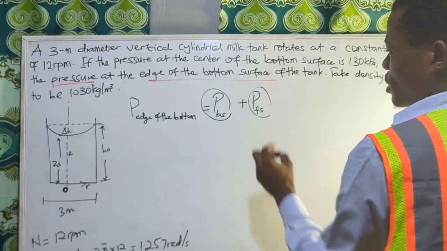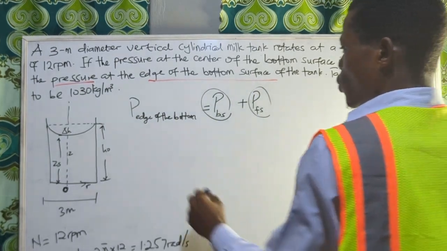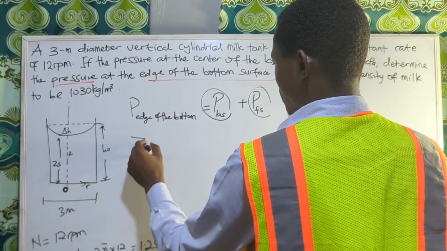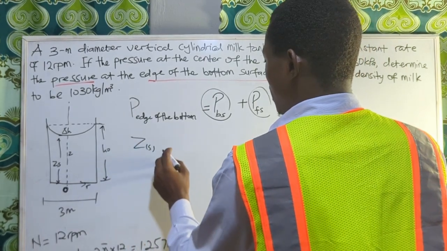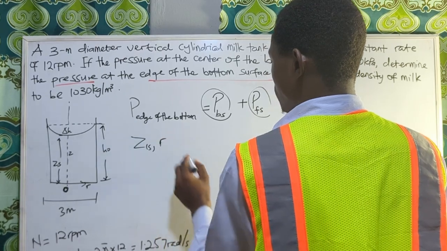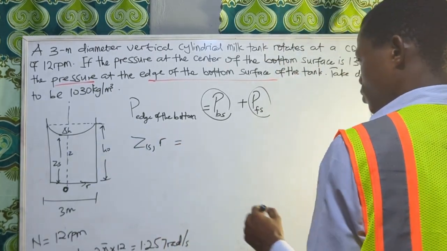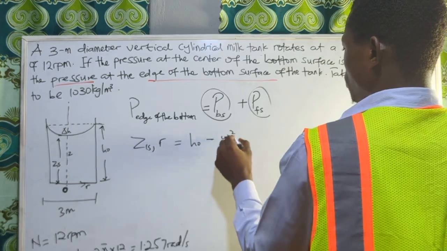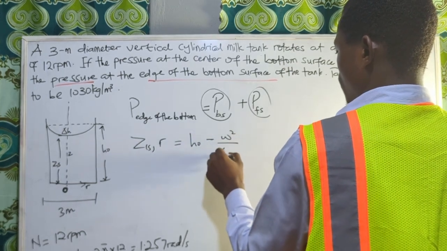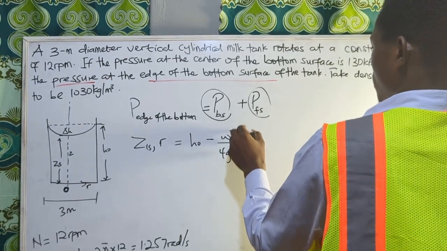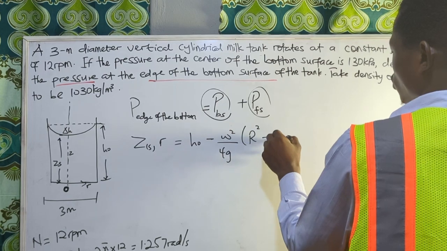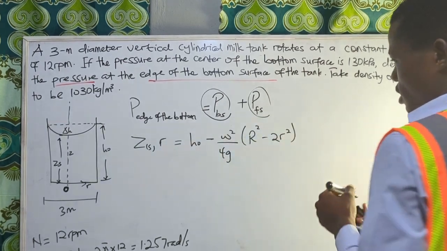So now we have to find for this. And to find for this, we know for a free surface, ZS of small r is equal to H naught minus omega squared over 4g multiplied by big R squared minus 2 times small r squared.